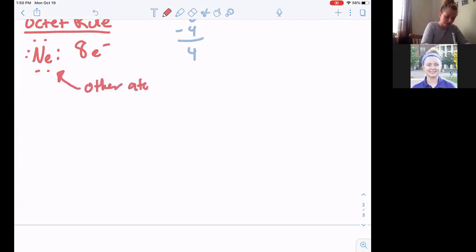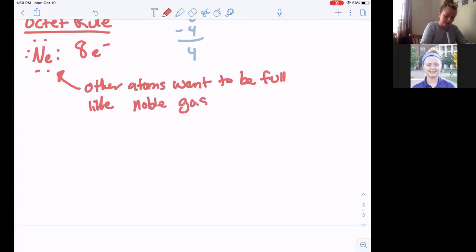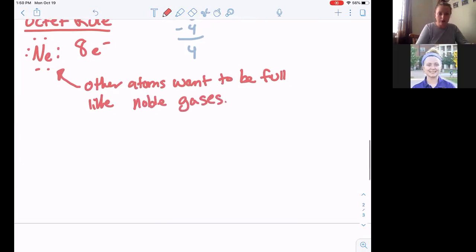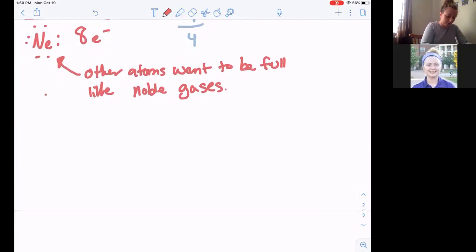Other atoms want to be full like noble gases. Okay, so we have carbon. It wants 4 bonds to get those 8 electrons.